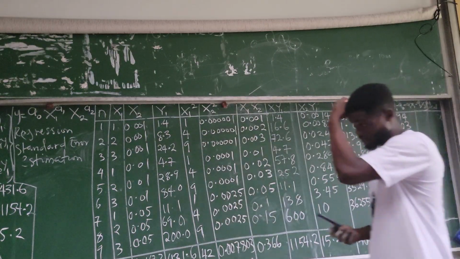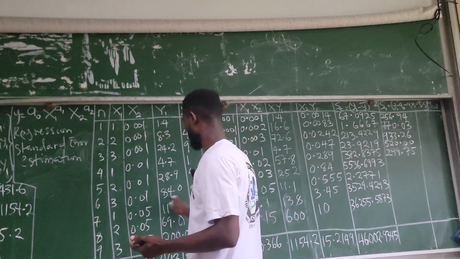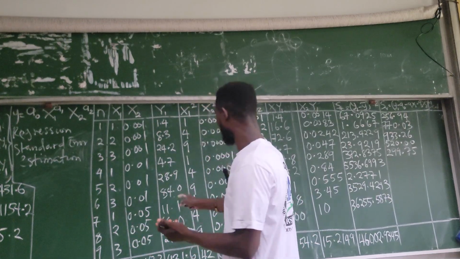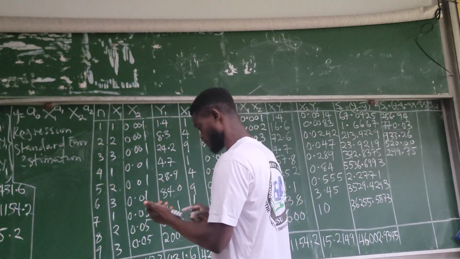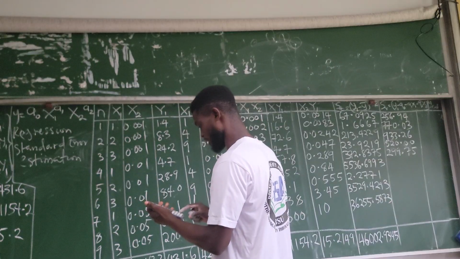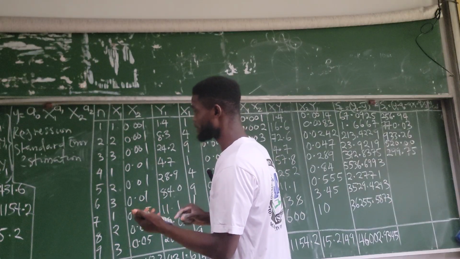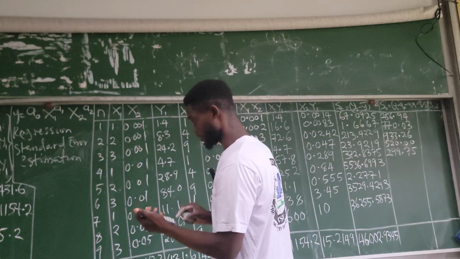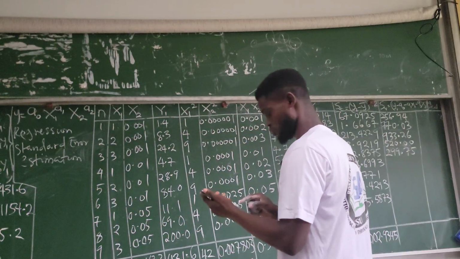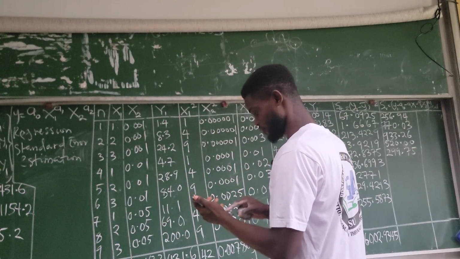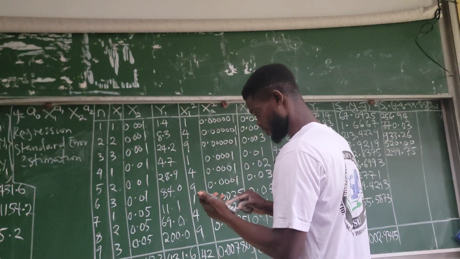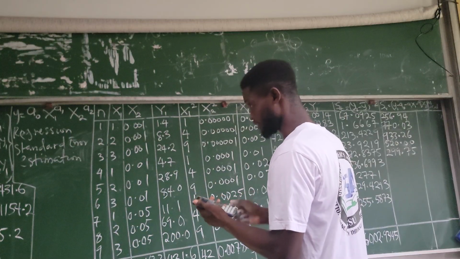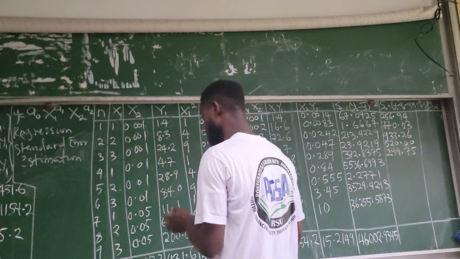Okay, so you do the same thing for this. For y, that is 84.0 minus A0, which is 2.48, minus for A1, 18.70 times x1 on that column.